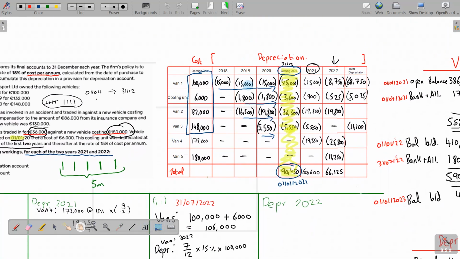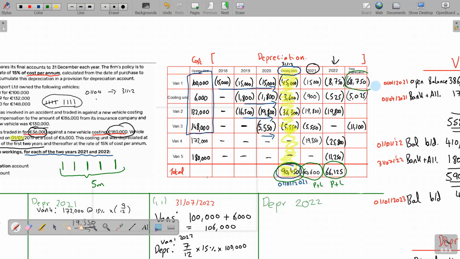The depreciation table is very handy for getting our balances. So the opening of 2021, opening of 2022, opening of 2023. Oh, sorry, apologies, it's my fault. The opening of 2021, then our depreciation charge for 2021, depreciation charge for 2022 that goes to our P&L.